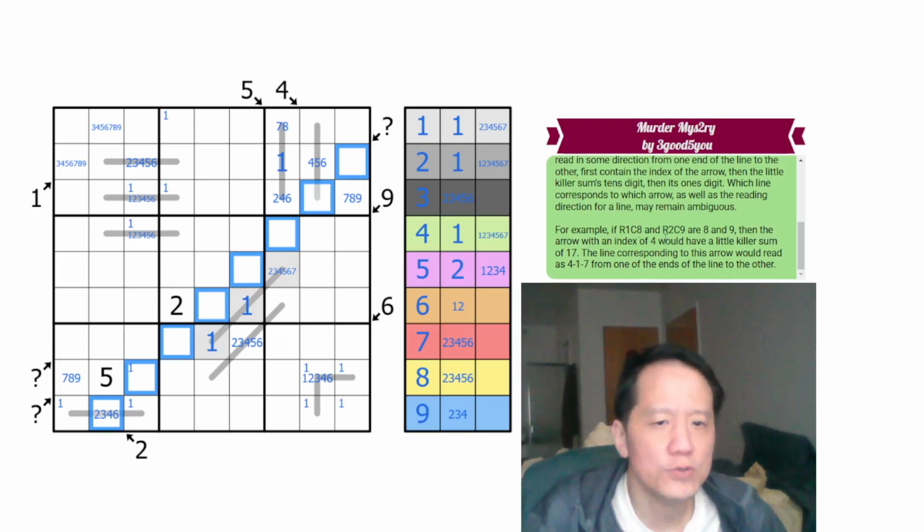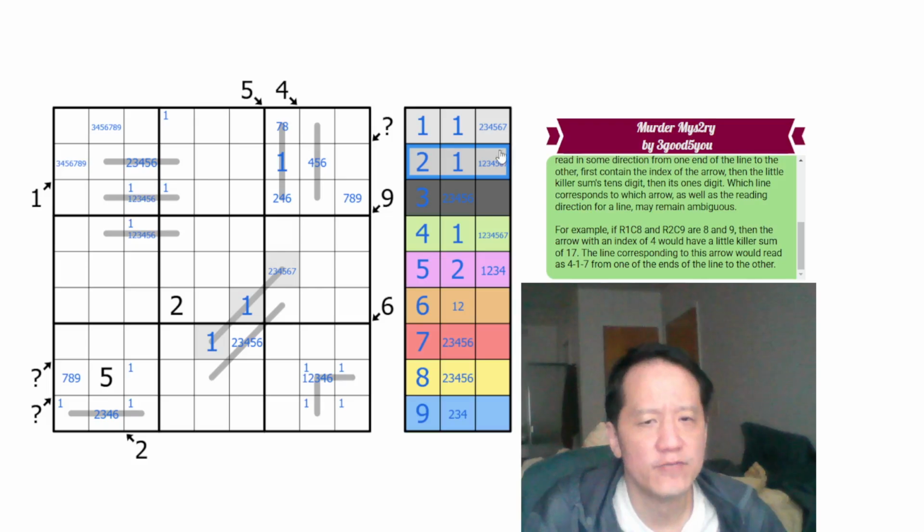Okay, so 2 cannot be 11, right? If 2 were 11, actually, it still could be 11. Sorry, this could be 2, 9.